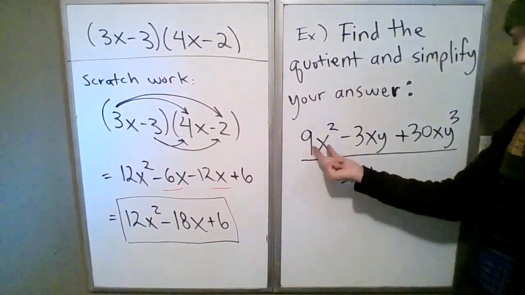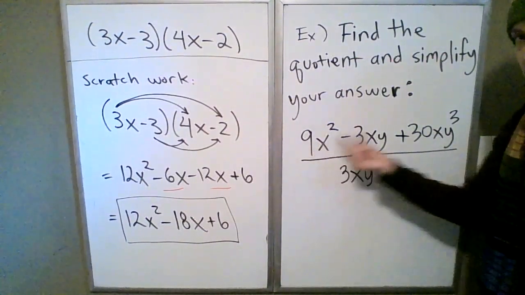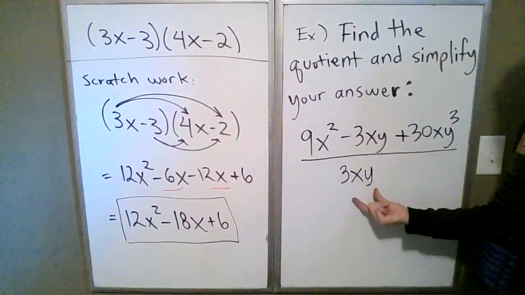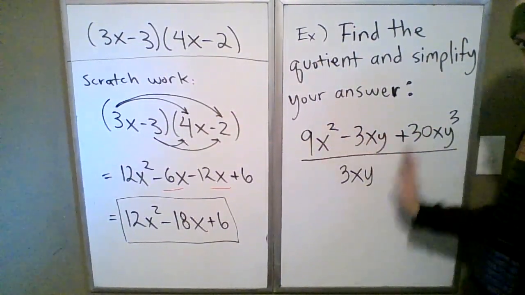So what I want to do is just put the terms in the numerator over that denominator and then simplify each piece.